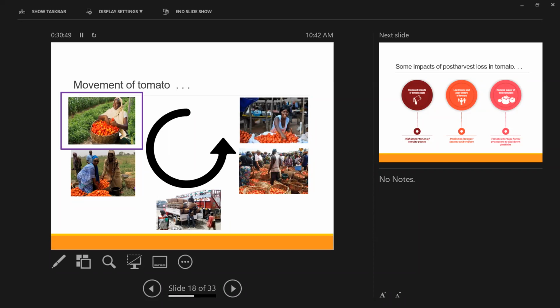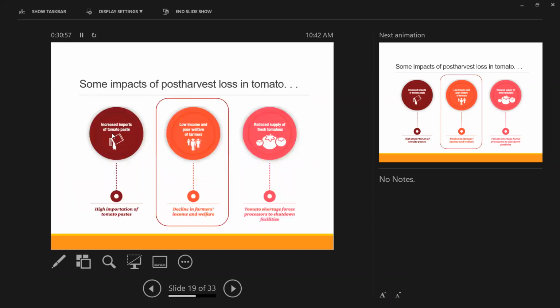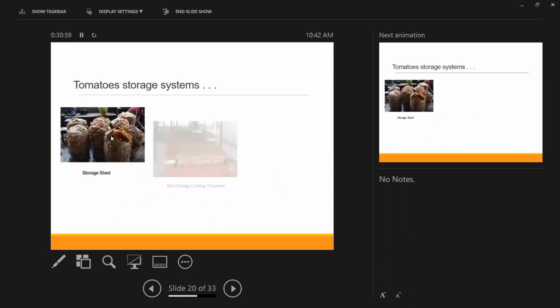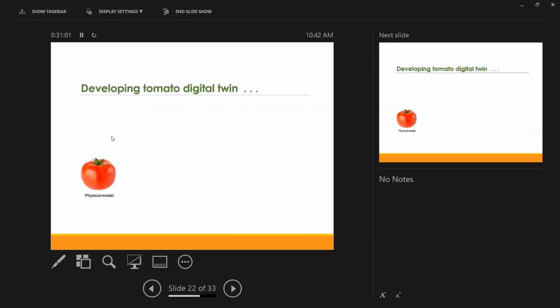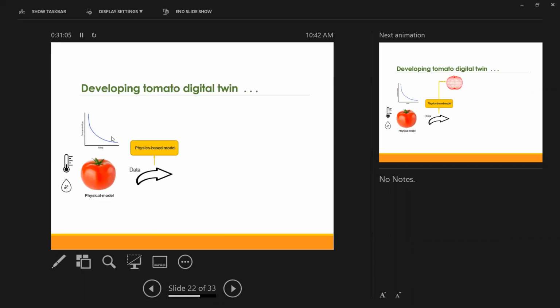I think I'm running out of time because of that. If you have a question on what we're doing in this area, please talk to me. But we set it up as a computer simulation. I'm going to just show you. So what we did was develop a digital twin for tomato, and that is what you see here.